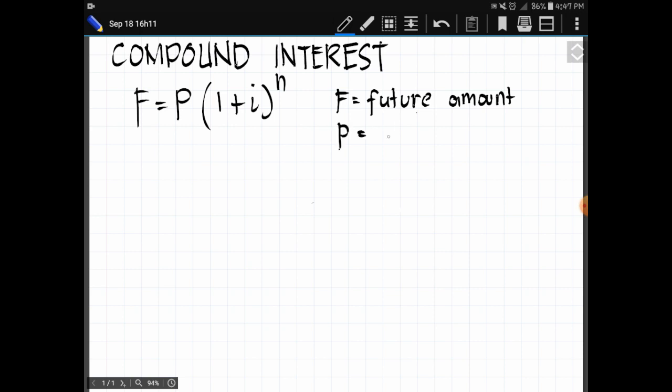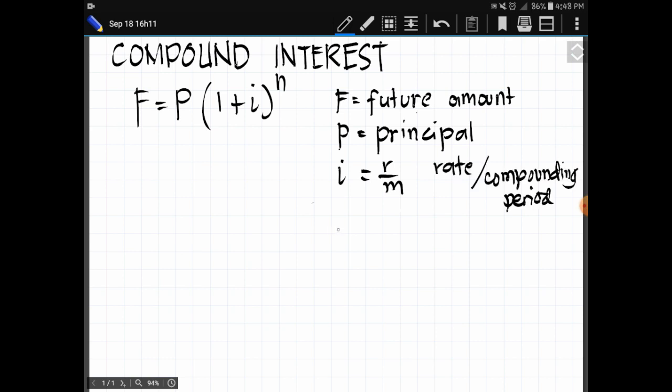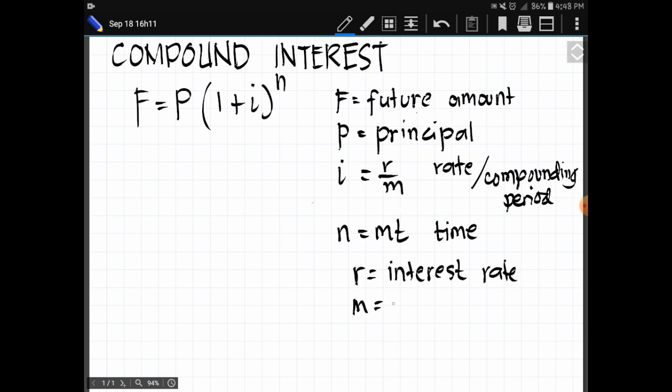P is the principal or the initial amount. i is equal to r over m, the rate per compounding period. And n is equal to the time multiplied by the compounding period. Hence, r is the interest rate and m is the compounding period.